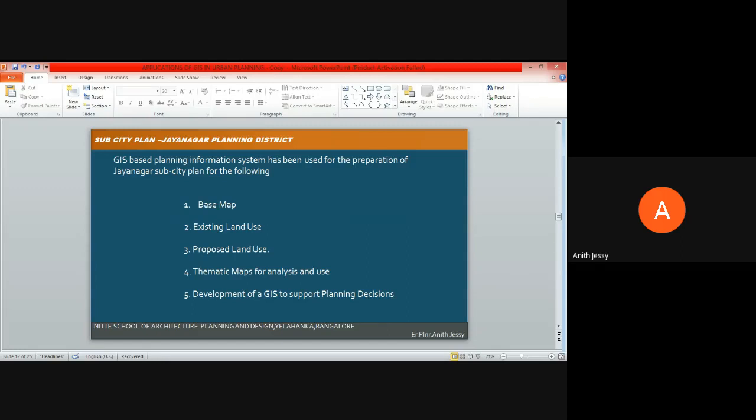The data we got is mostly from OpenStreetMap and the Karnataka Geographical Information System, which gives us enough data on the available services and the proportion of available services to date. With this data, we used it in different functions, right from the preparation of the base map and land use to making thematic maps of different themes like water supply.